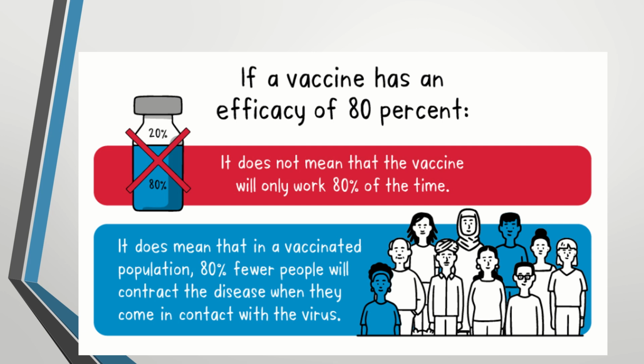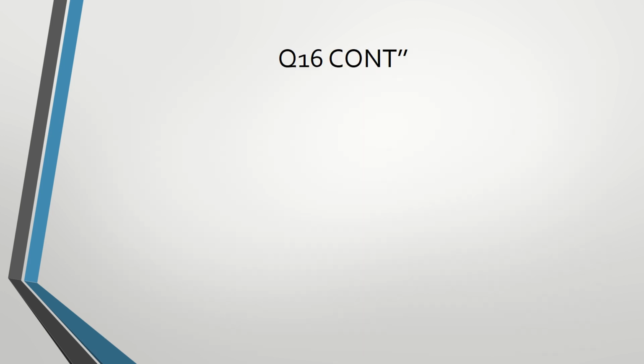It means that in a vaccinated population, 80% fewer people will contract the disease when they come in contact with the virus, meaning that few people will become ill. Even if vaccinated, they should also continue the preventive procedures so that they cannot get the disease.